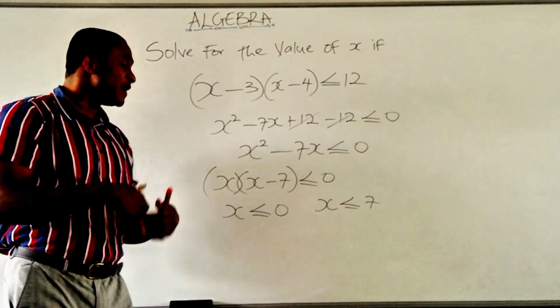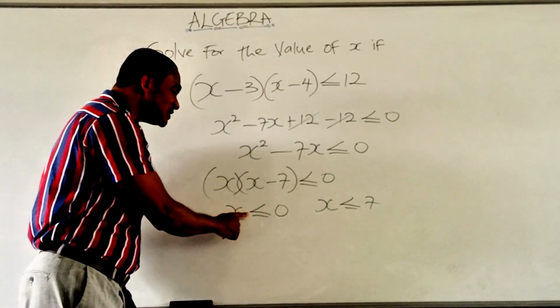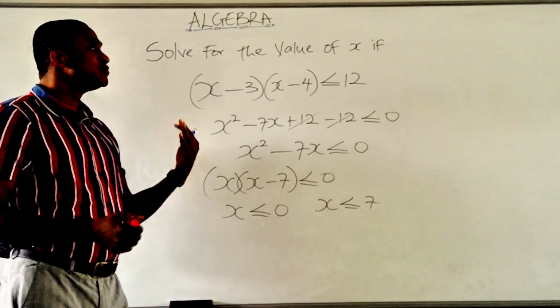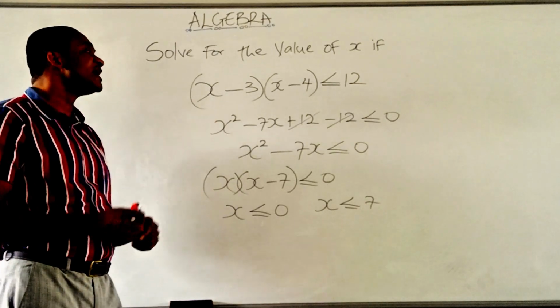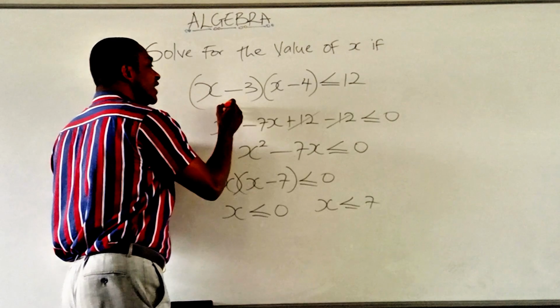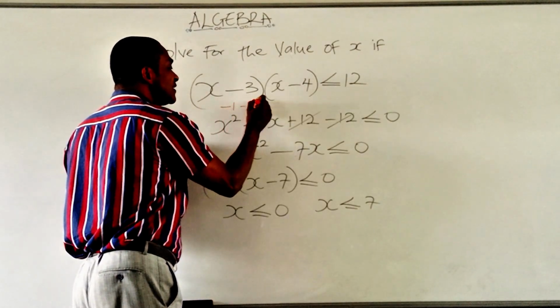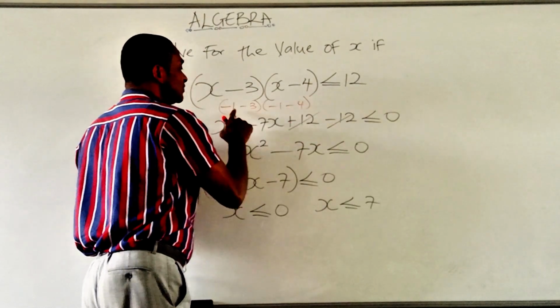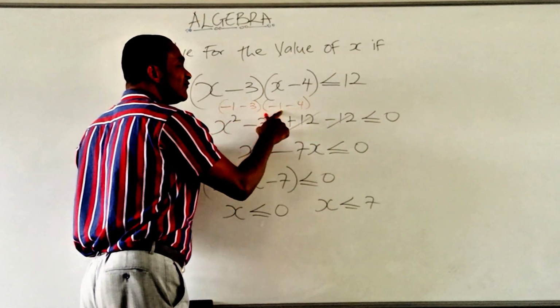Equality works. But for less than 0, the value is negative 1. What do we do? To check for critical values, plug negative 1 for x in the original expression. So we have negative 1 minus 3 and negative 1 minus 4, this will give us negative 4 and negative 5.